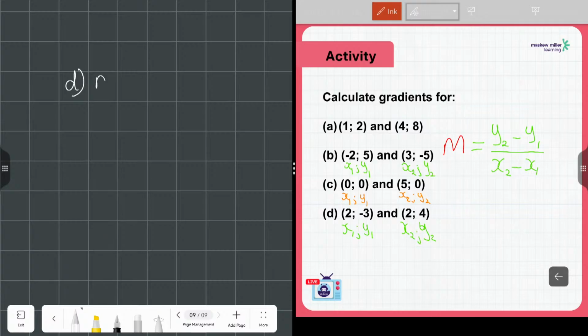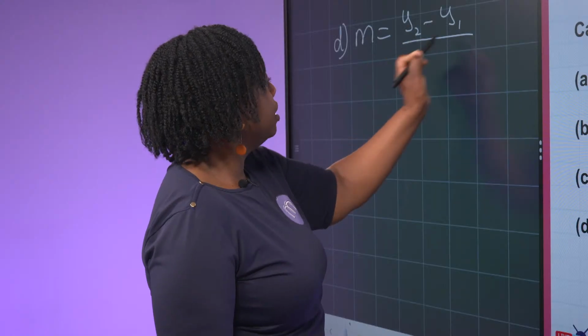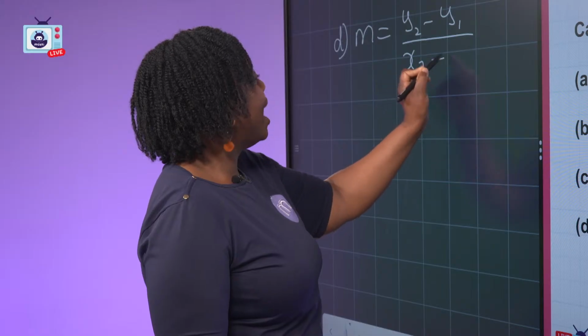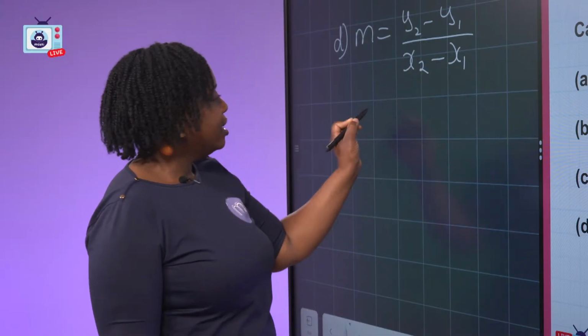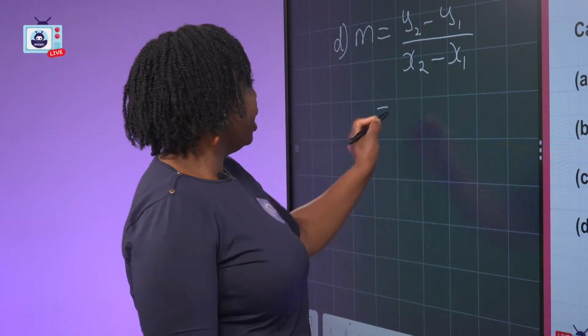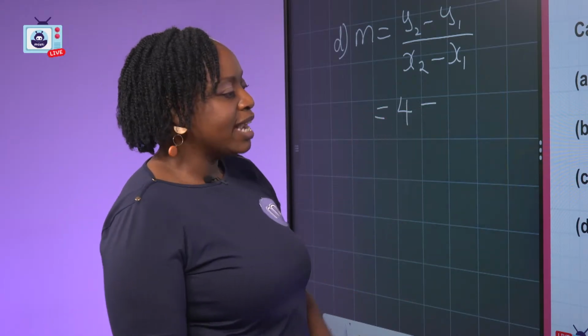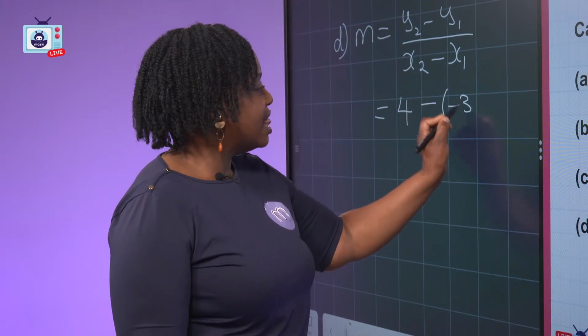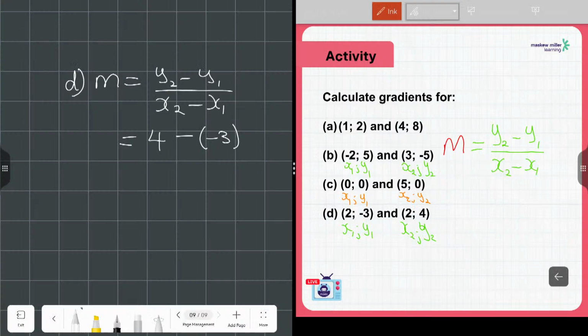We have our gradient equals y2 minus y1 divided by x2 minus x1. Let's substitute. What is our y2? y2 is 4. We subtract a minus 3, just like that. Then we divide all of it by our x2, which is 2, and then we minus our x1, which is also 2. So let's see what we get.